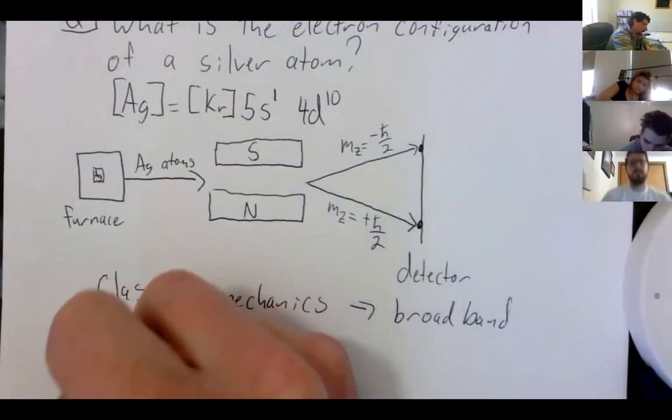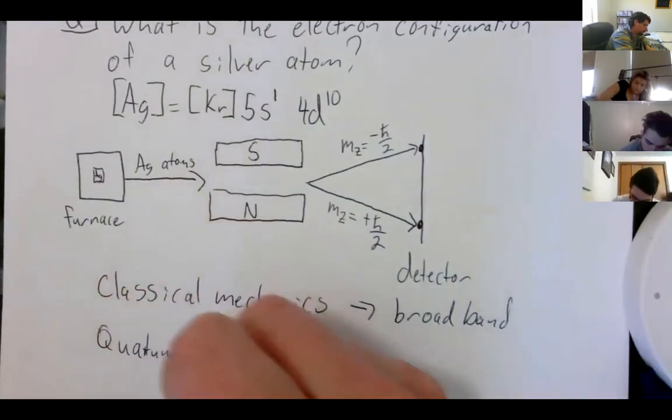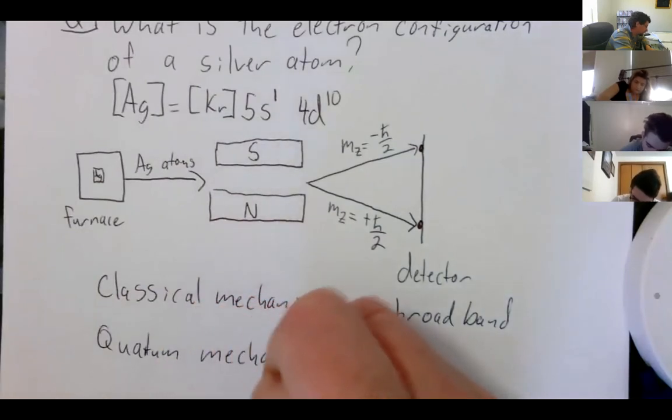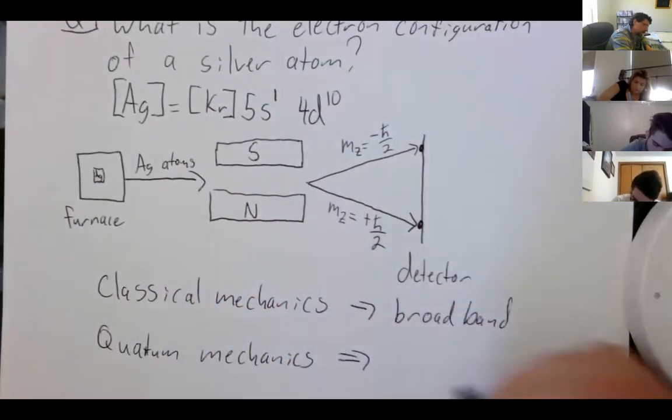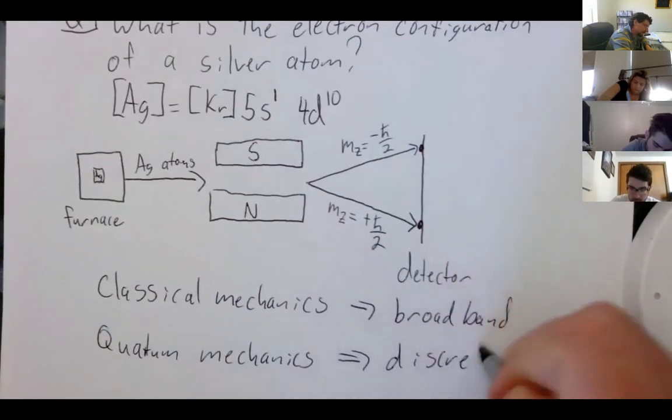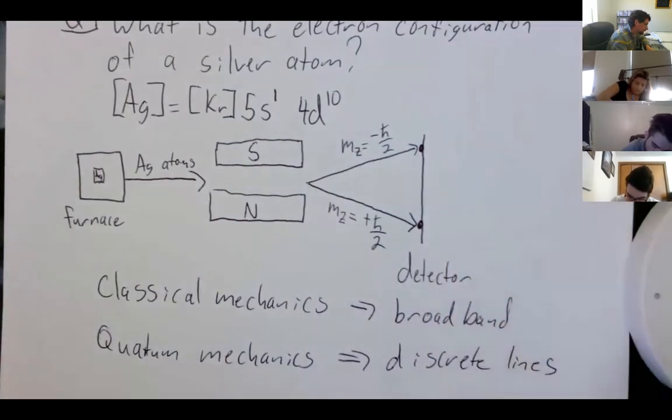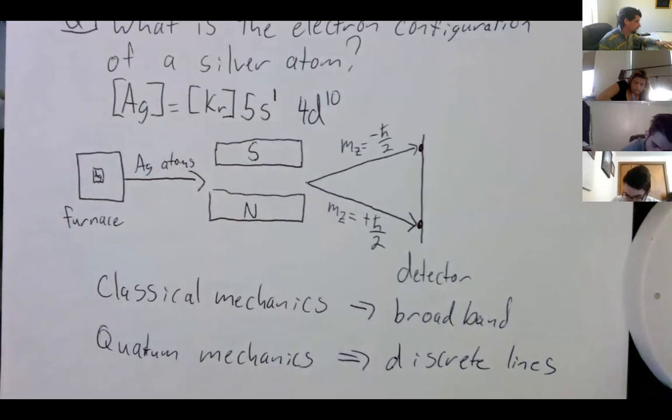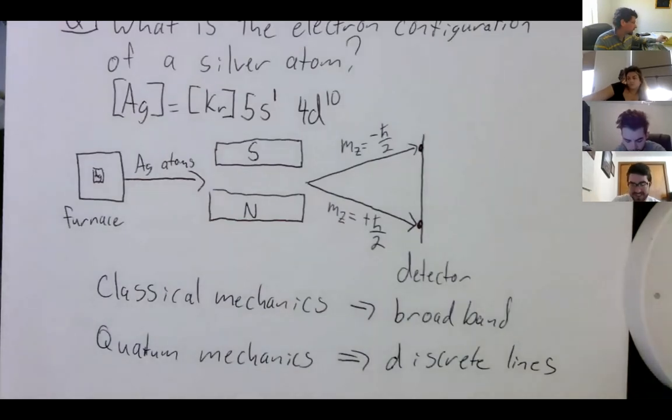In quantum mechanics, we of course would get discrete lines. So from this, we can actually see that m_s is there. There is some quantization there. Before we can truly find it, though, we have to approach actual atoms. Okay? Any questions about that?